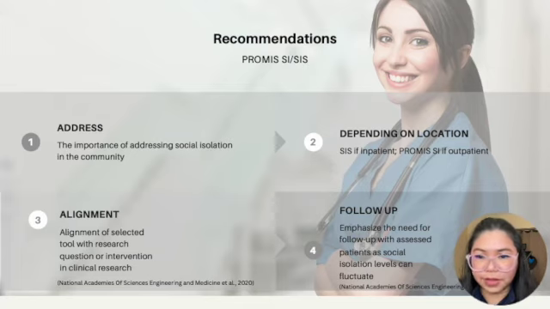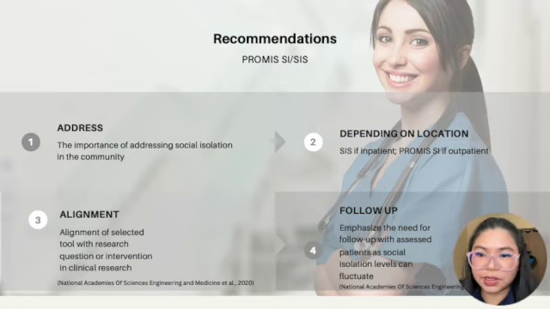I believe that the issue at hand is not about which tool we need to use, but rather the importance of addressing social isolation in our community. My recommendation is to use both tools, as they show similarity in terms of validity, reliability, and quality.